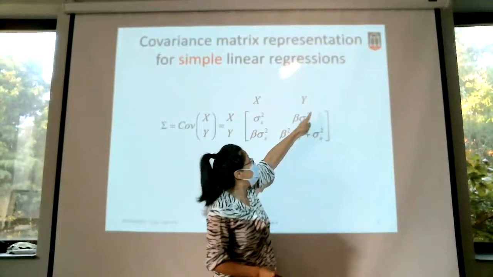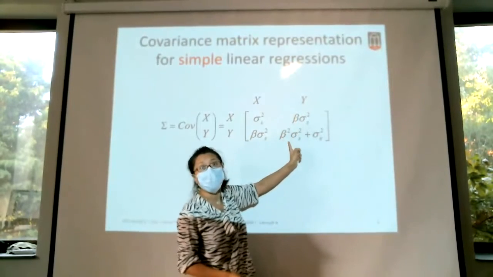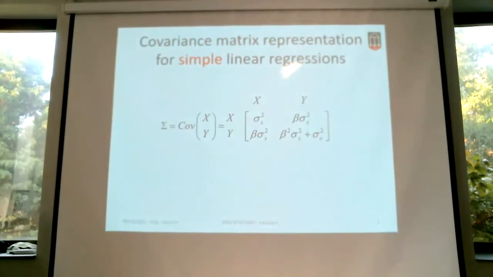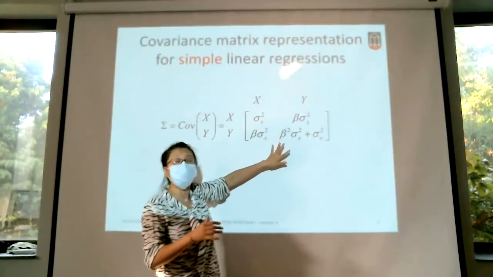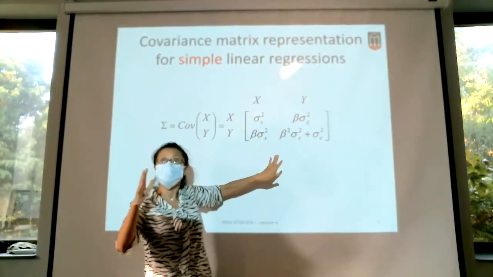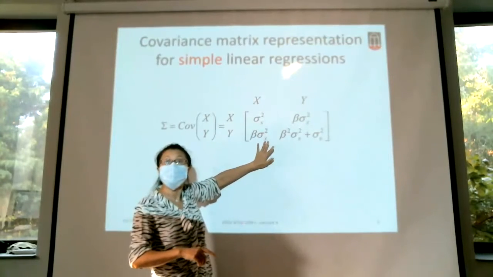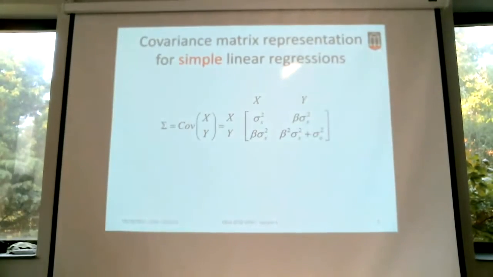We have the covariance between X and Y, and the variance of Y. You don't need to memorize this form, but you will meet this matrix again, because we are going to use the second and third methods to get this matrix again. This is the same answer, but we use different methods.